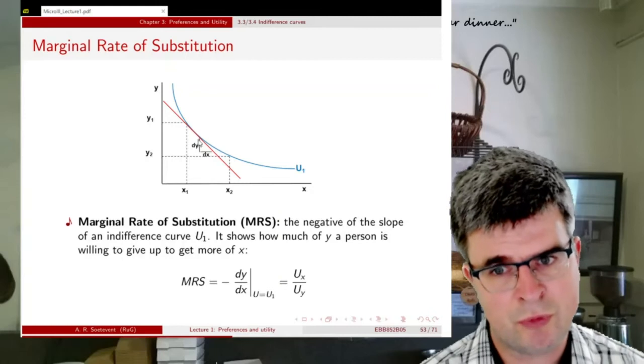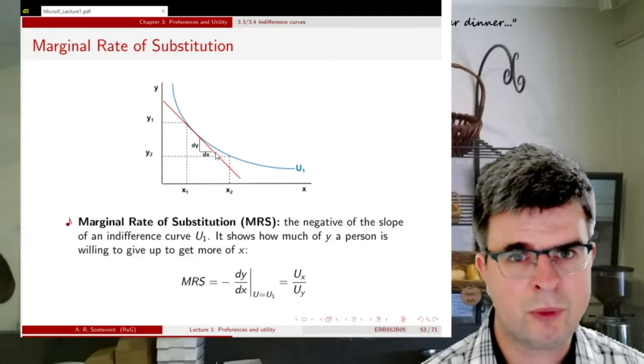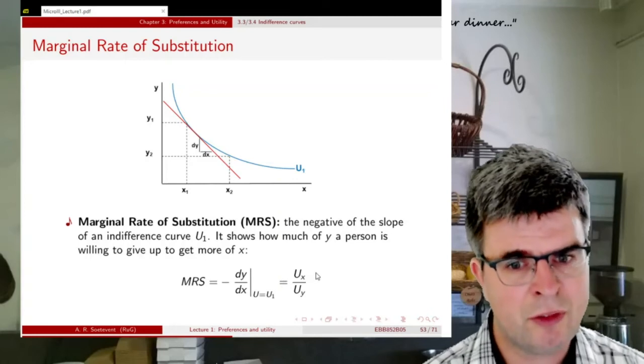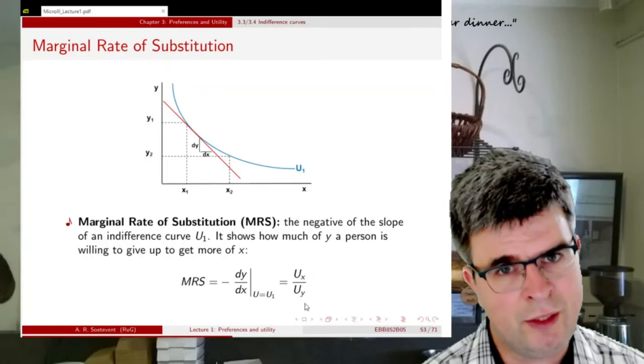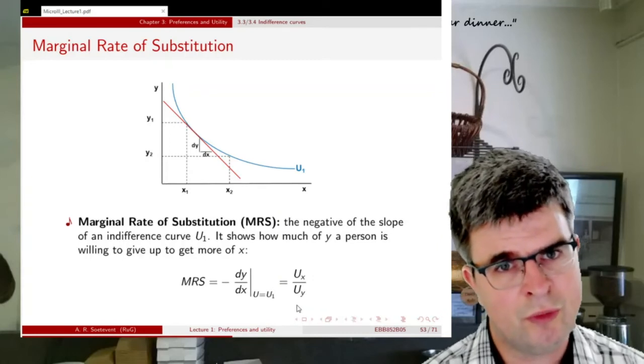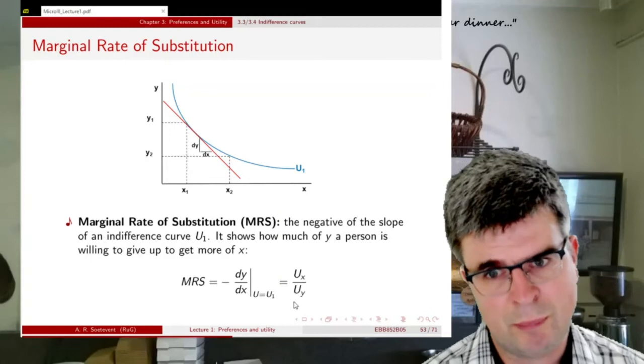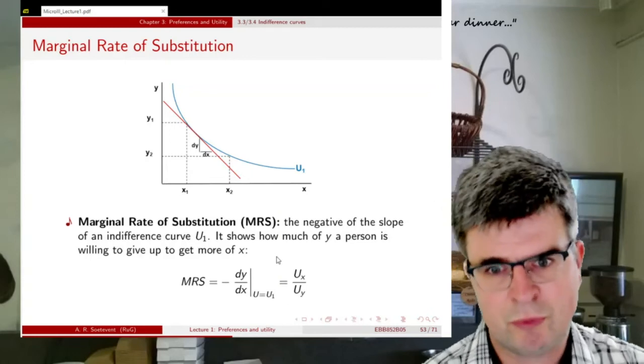So you're willing to give up 3 units of y in order to get 1 extra unit of x. Then it needs to be that an extra unit of x gives you 3 times the utility of the 1 unit of y that you give up. And in total, you give up 3 units of y.